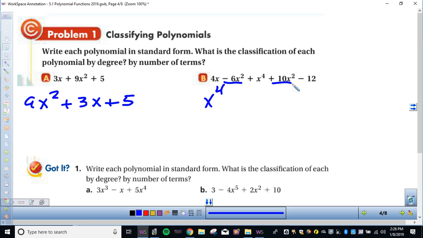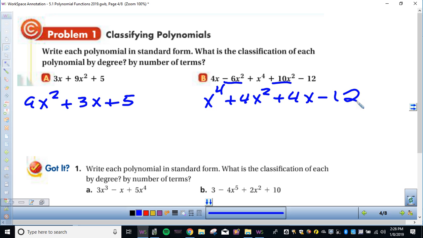Then I have some like terms here. 10x squared minus 6x squared is 4x squared. And then plus 4x minus 12. So this is the kind of test question, like, please don't miss this. If it helps you to underline things or cross off to make sure you got every little piece, just be careful and do that so you don't make a careless error.